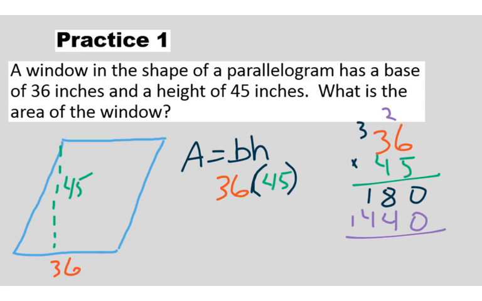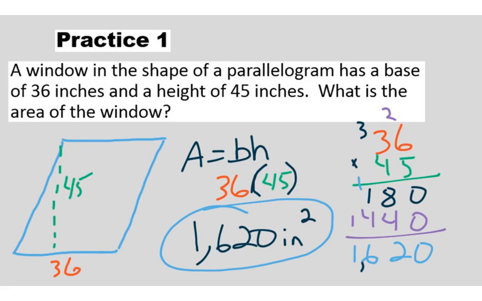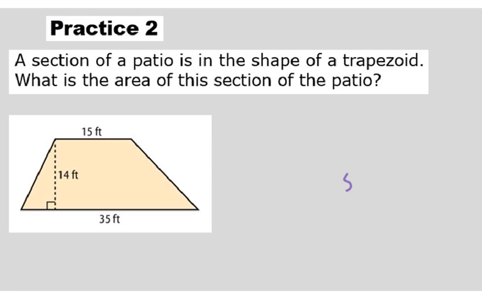And then when we add all that up, we get 1,620 square inches. 1,620. And since we're talking area, it's inches squared. 1,620 square inches.